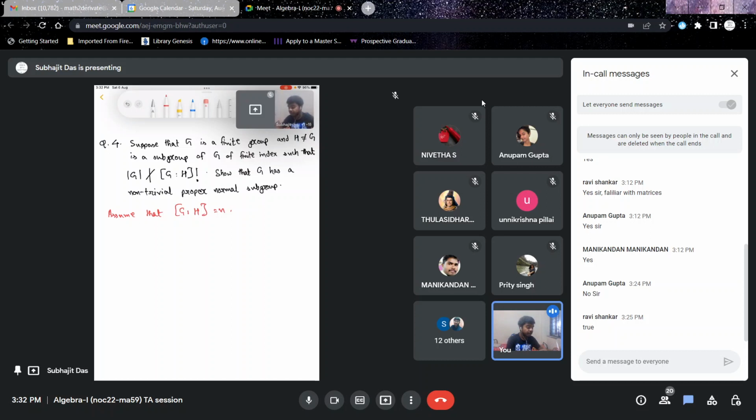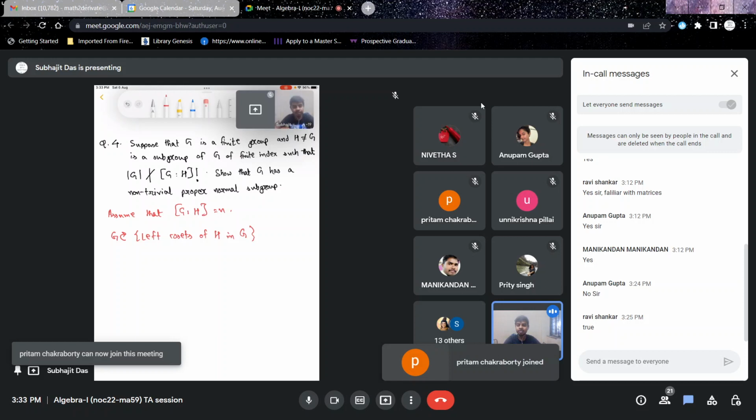So we'll make G act on something. What is that something? That something will be the left cosets of H in G. You know that this set on which G acts has order n, since the index of H in G has been assumed to be n.